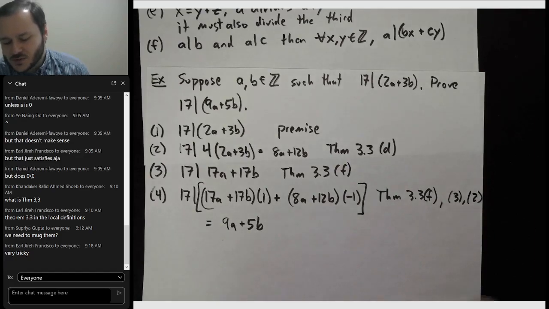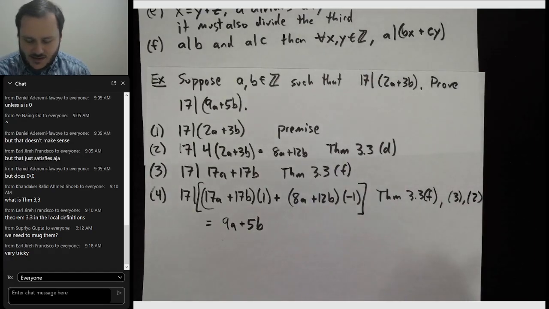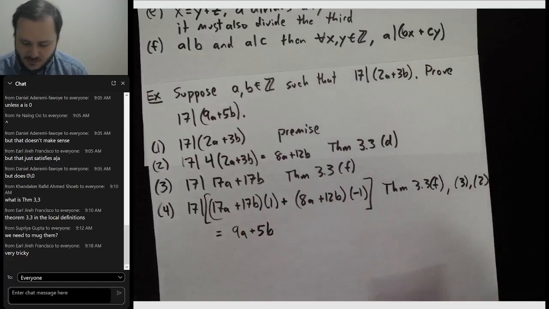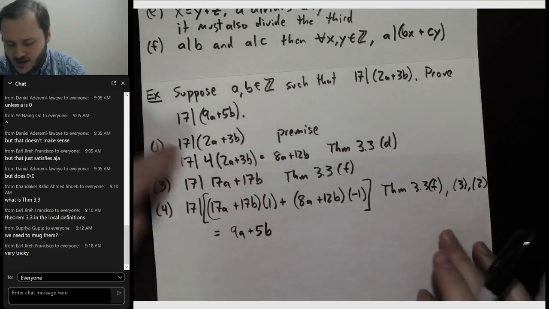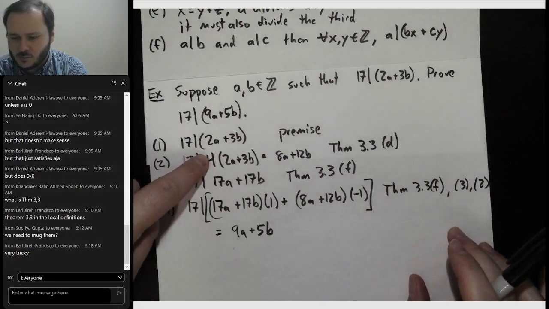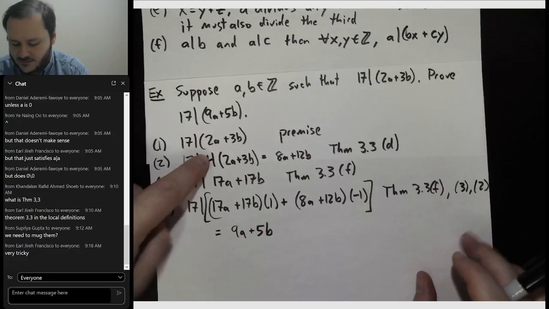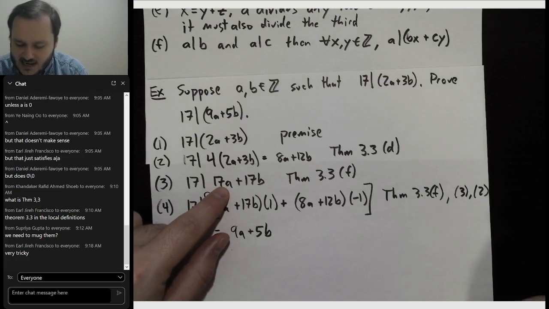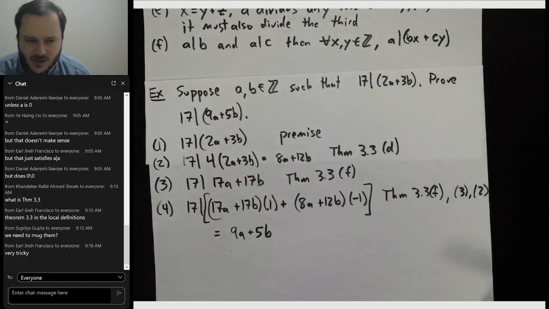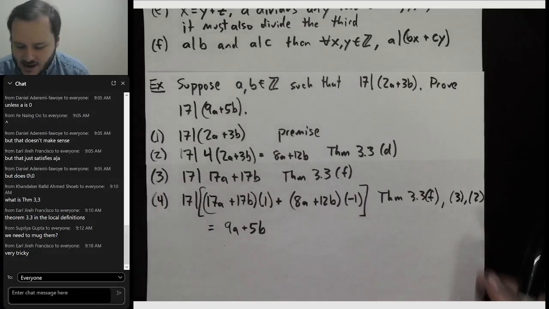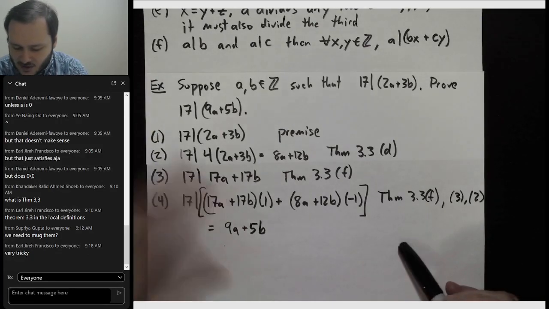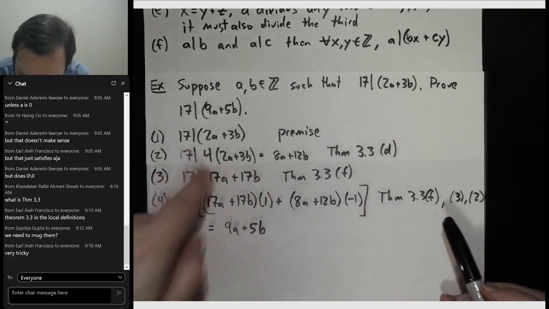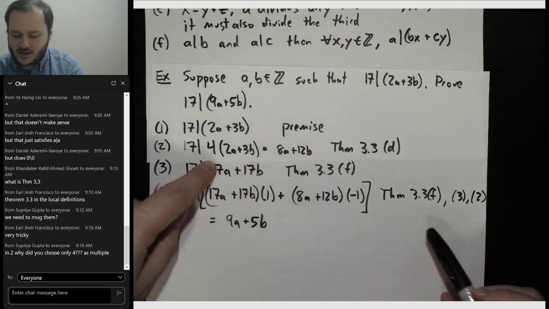But what you don't see is all the work that goes into it. What you don't see is the pages of scribbles where I tried not only multiplying by 4, but 2 and 3 and 5 just to see what I could get. And I got this 17, and I tried some other things, and things weren't working, and finally I figured out how to make this work.